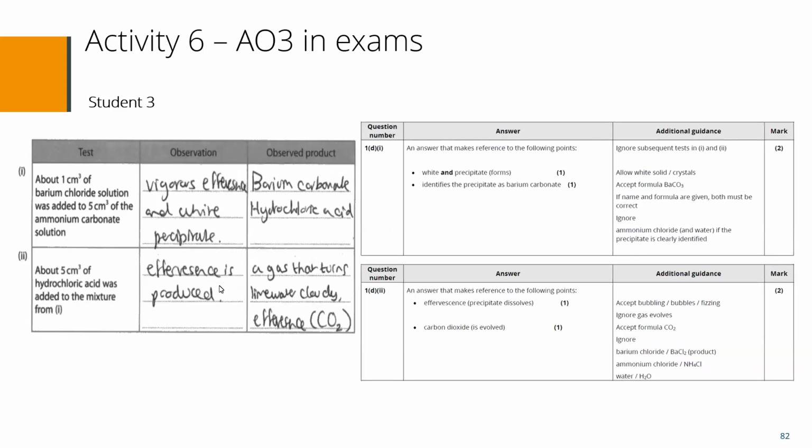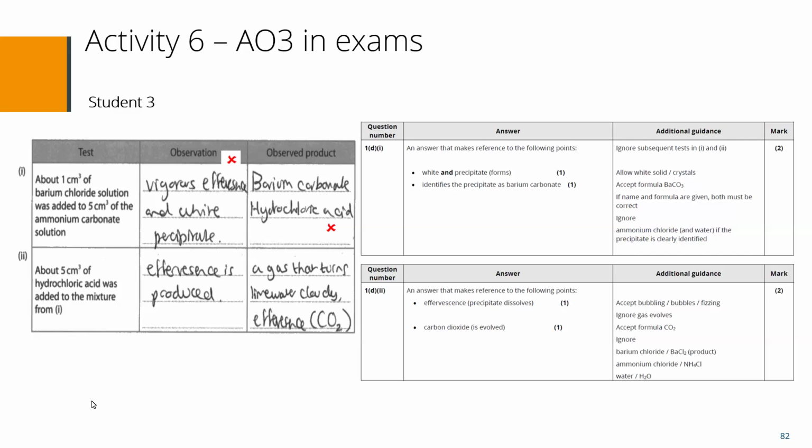Student 3. They've got the white precipitate, but they've also put down vigorous effervescence, which is incorrect, so that negates the mark. They lose the mark because they've written down effervescence.